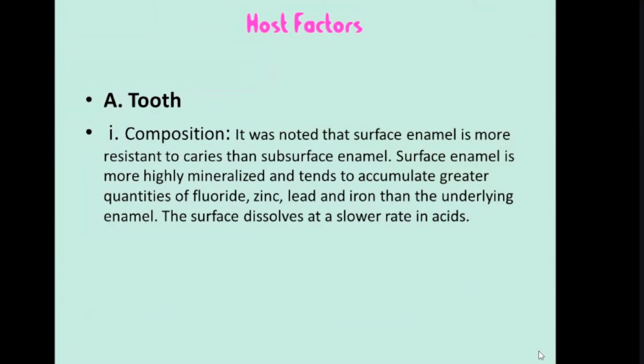I told you in the first and second lecture that fluoride enters the tooth structure and makes it more resistant to dissolving by the acid of the bacteria. So the surface enamel is more highly mineralized and tends to accumulate greater quantities of fluoride, zinc, lead, and iron than the underlying enamel. The surface dissolves at a slower rate in acid.